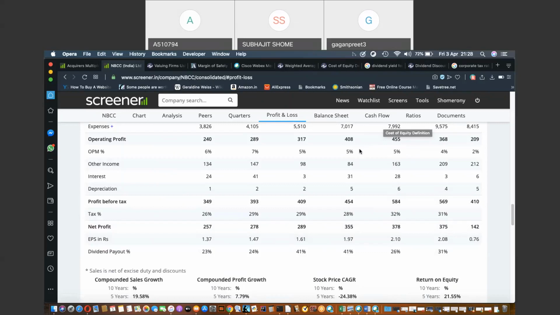What we're calculating is EBIT into 1 minus tax.